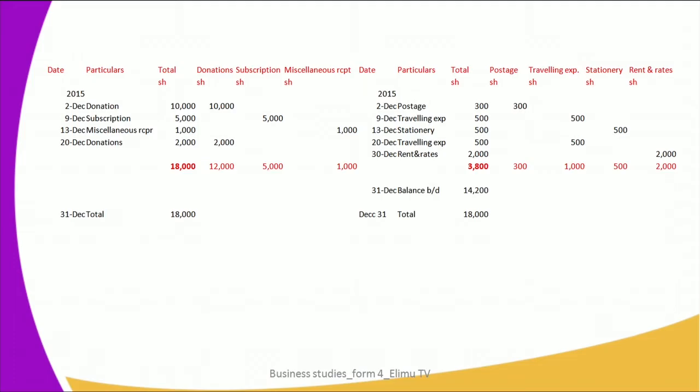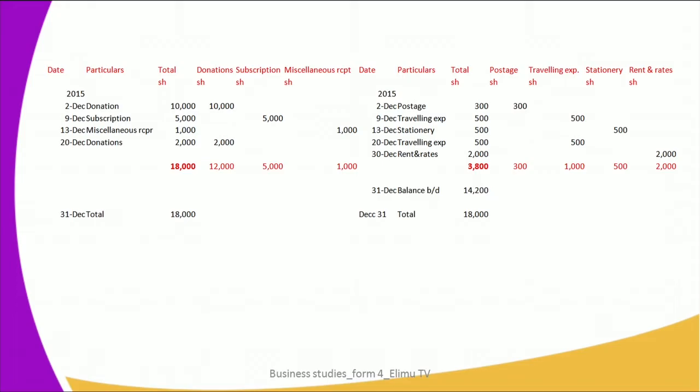The number of columns, as we said earlier on, is determined by the number of transactions that the business has, and also the need of the business. So whatever we've been given, you should be in a position to classify it either as a revenue or an expense, and you follow the procedure as you've seen what we've been doing.